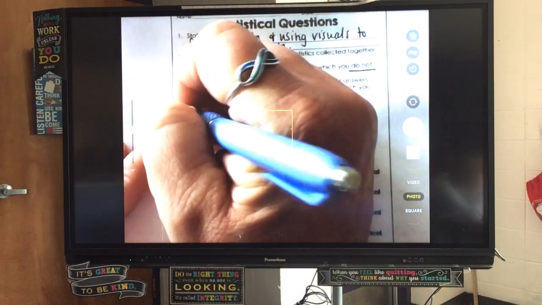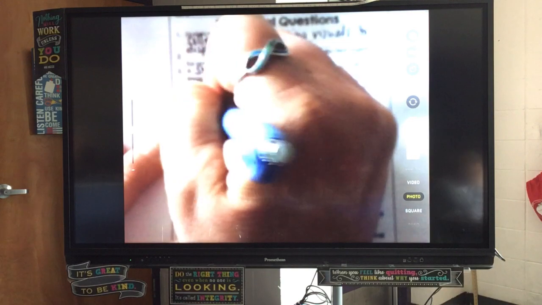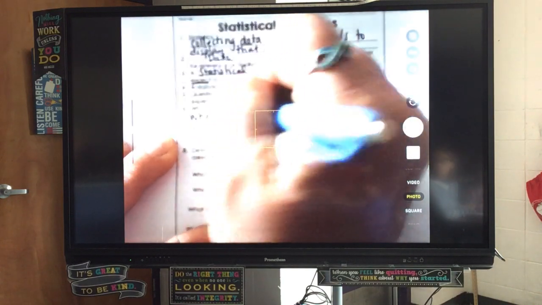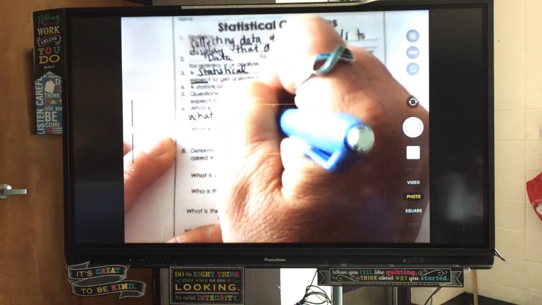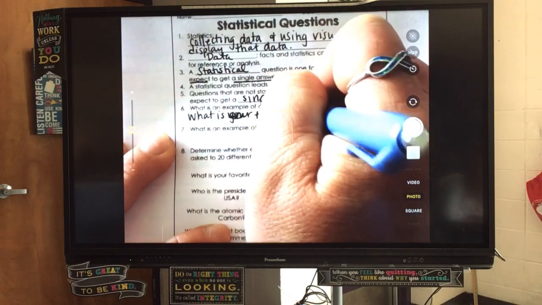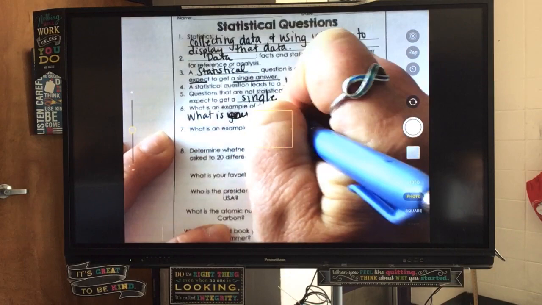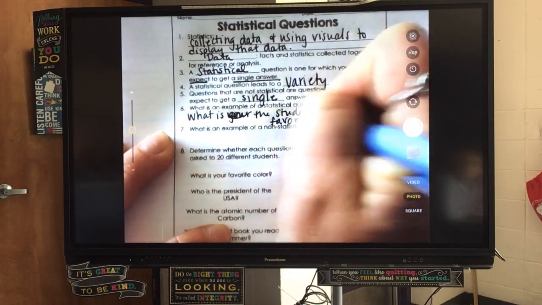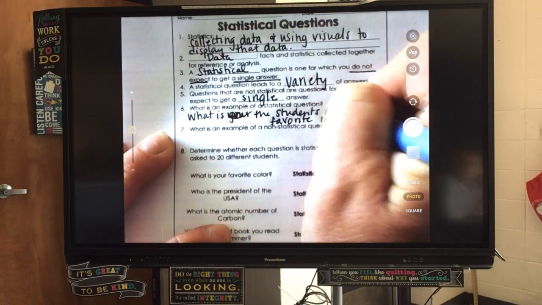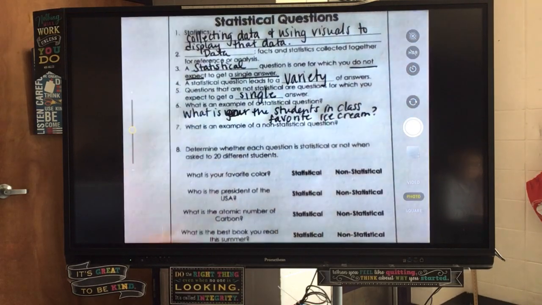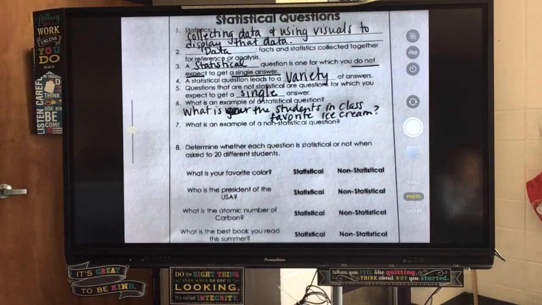Okay. So, the students in class, favorite ice cream? Okay, we're just doing one for now.